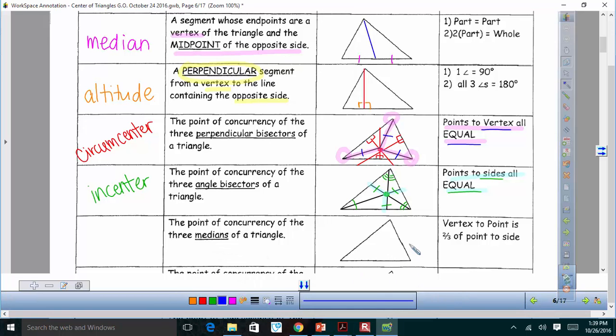Okay, what is the point of concurrency of the three medians? Centroid. The centroid, very good. Okay, and so the median goes from the vertex to the midpoint of the opposite side, so I'm actually going to go backwards. I'm going to go from the midpoint to the vertex on each of them.